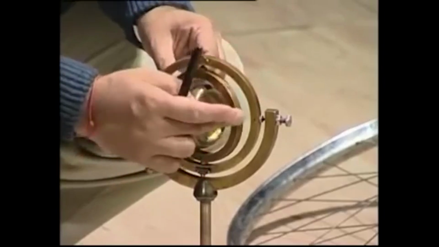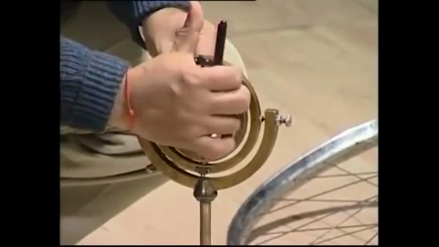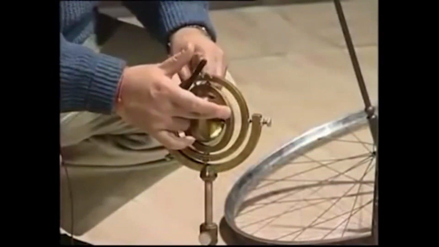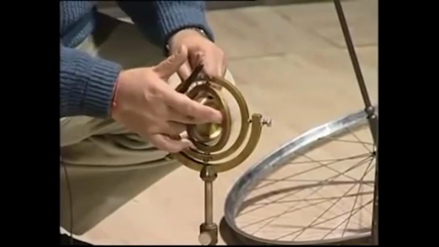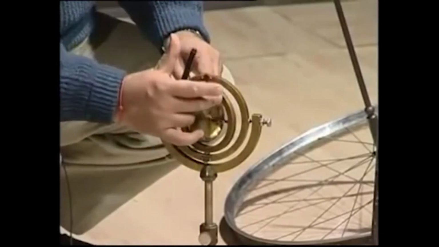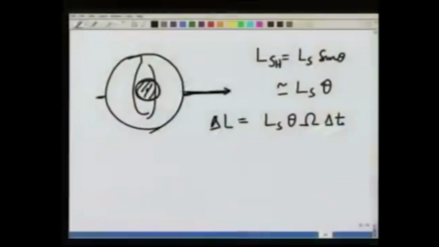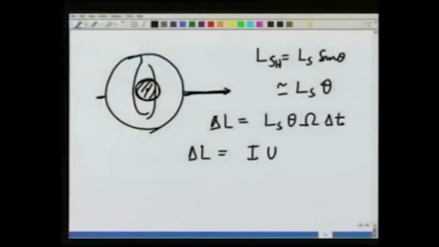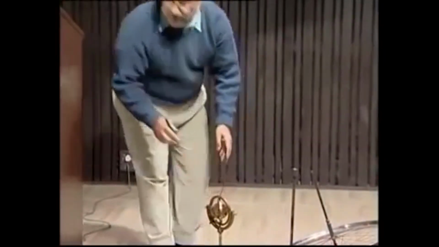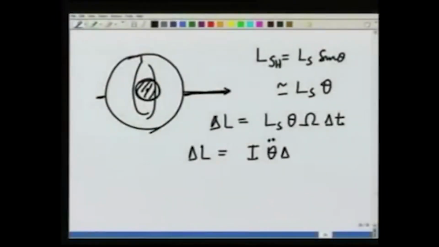What would happen? This frame would rotate in this manner so that it develops a delta L in this direction. So it will gain an acceleration or a velocity in this direction so that this delta L gets 0, and that gain should be delta L is equal to I, whatever I is about this axis, theta double dot, because it is going to go that way, it will change theta, times delta t.